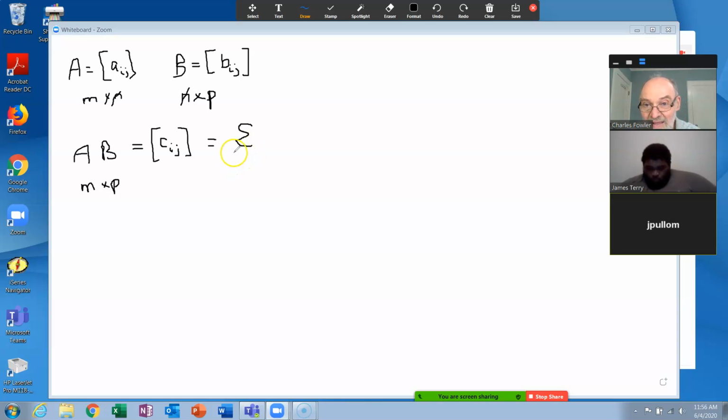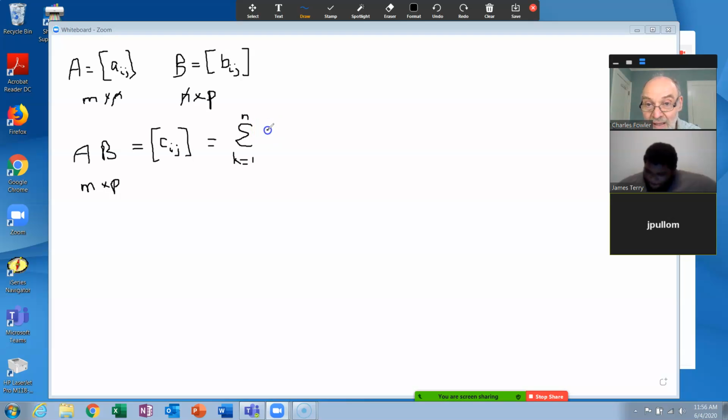Summation from k, a completely new counter. It's going to start at 1 and go to n. Well, n was the number of columns here, the number of rows there, the thing that we threw out. So this is what k is counting from. And what are you summing?